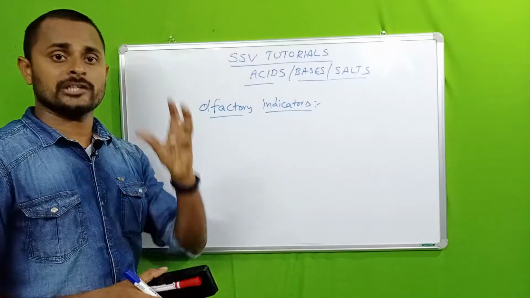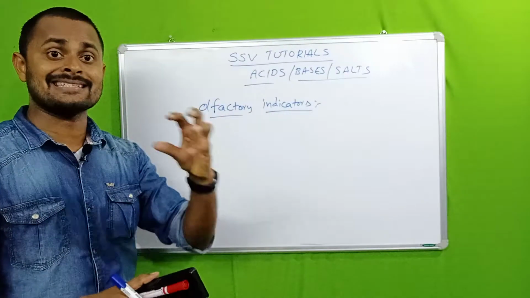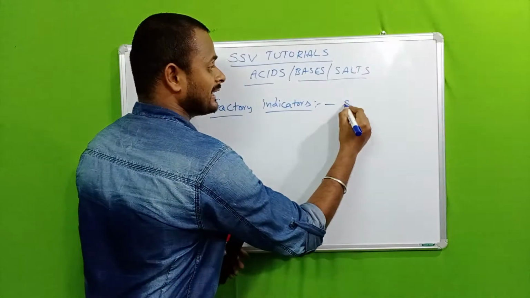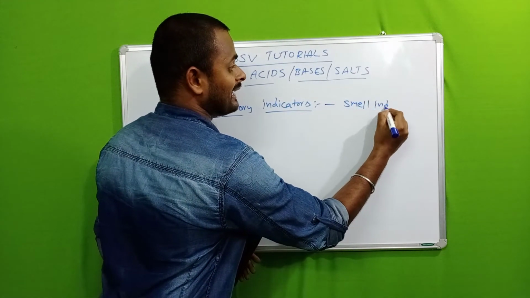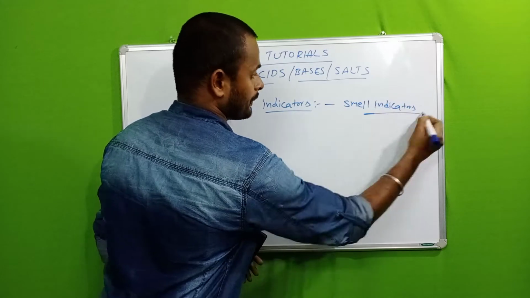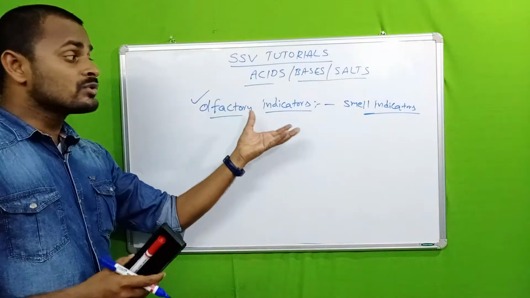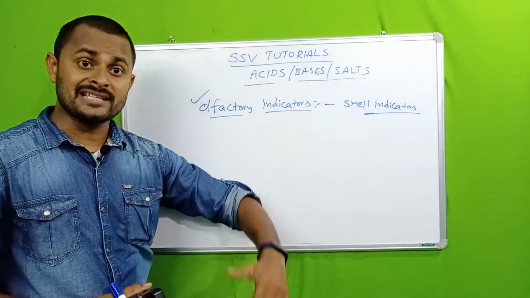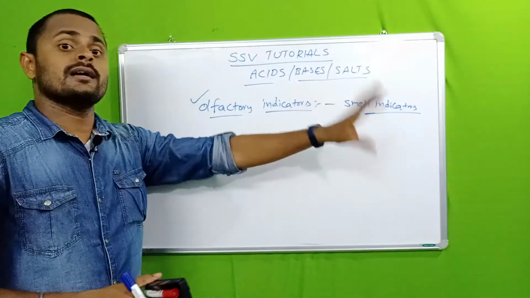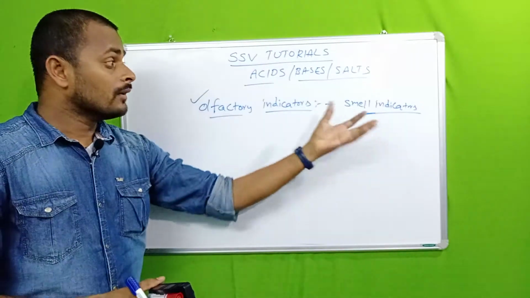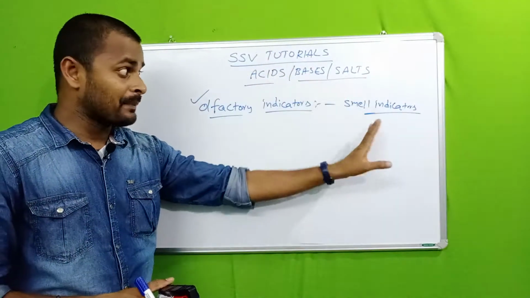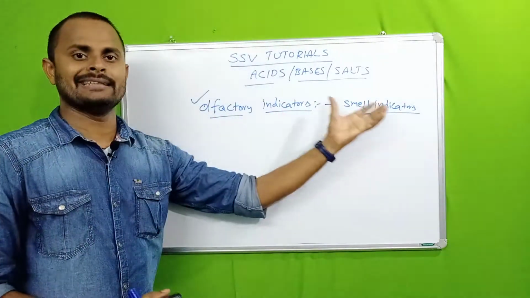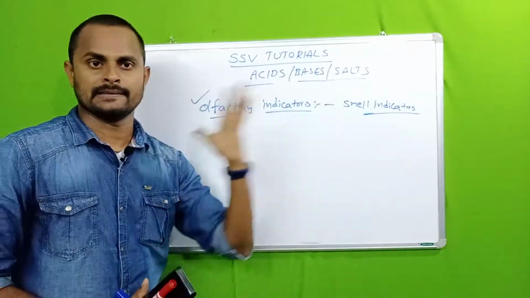Such indicators are called olfactory indicators, which means they are nothing but smell indicators. Very, very important: by using the smell we recognize whether a substance is an acid or a base.